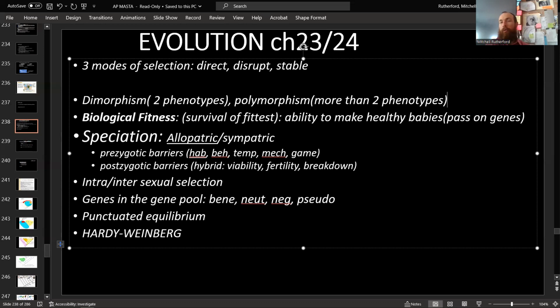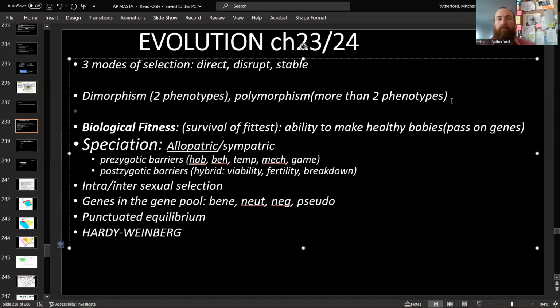So with height in human beings, it's polymorphism, right? With pea plants, we have dimorphism. There's tall and short for that particular instance. But morph means shape, and di and poly.